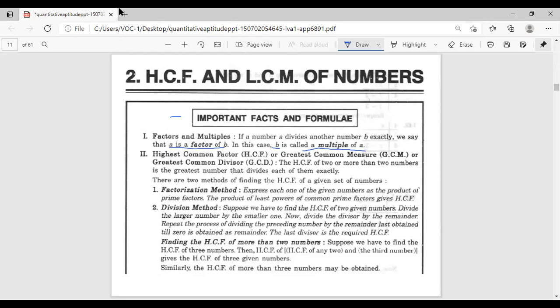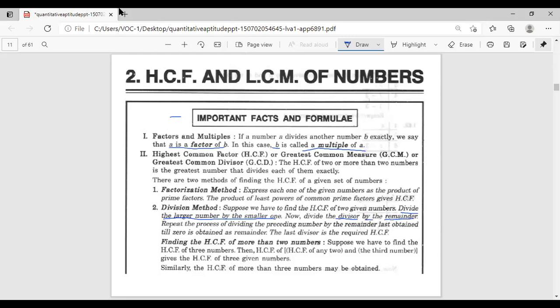Suppose we have to find the HCF of two given numbers. Divide the larger number by the smaller one. This one is important. Now, divide the divisor by the remainder.